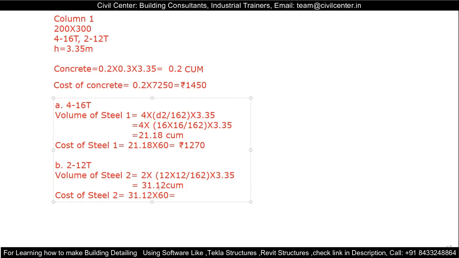So I guess I have calculated it in the same way, but I will just verify it for you. 2 into 12 into 12 into 3.35 and the whole divided by 162, and it's coming 5.95 multiplied by 60.